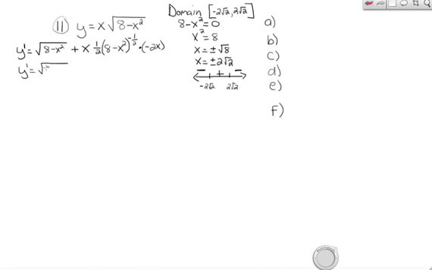I get the square root of 8 minus x squared plus, actually let's go negative on that. We have a negative 2 times an x. Actually the half and the 2 will cancel. So it looks like I get minus x squared. The half, the 2, I took care of the x's, and then all of this would be in the denominator as a square root.